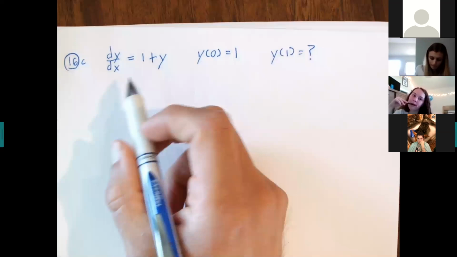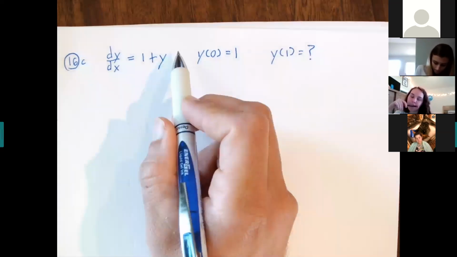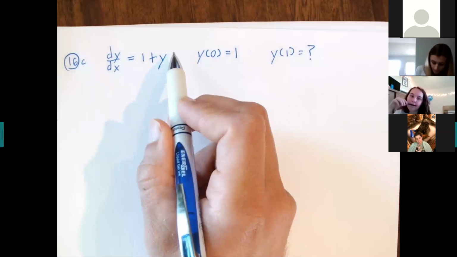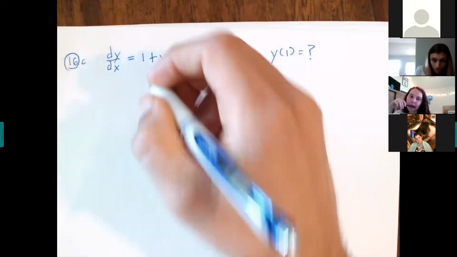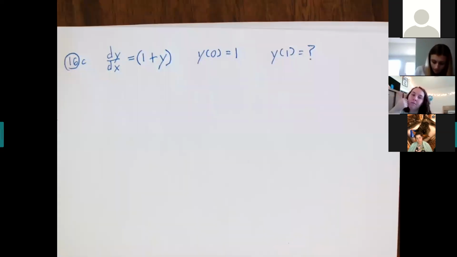Just leave the dy dx here, leave it alone. I'm gonna multiply both sides times dx, and then I'm gonna divide all of that. So let me put it this way. I can't really separate that. You need to put that together, cannot separate it, cannot subtract it. You can subtract the 1, but it doesn't help you.